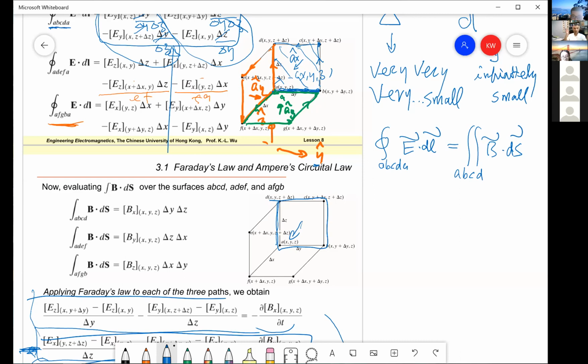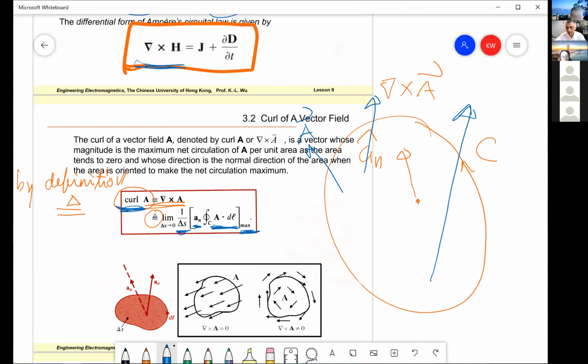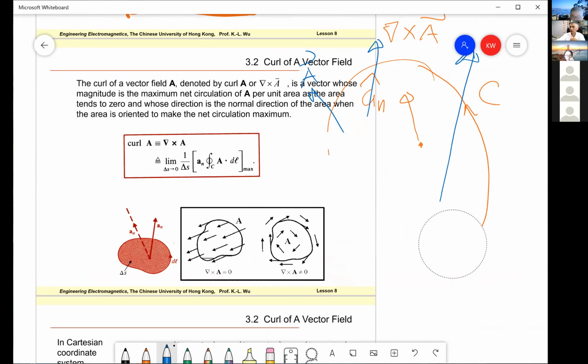So these two are consistent. This is our definition of curl.